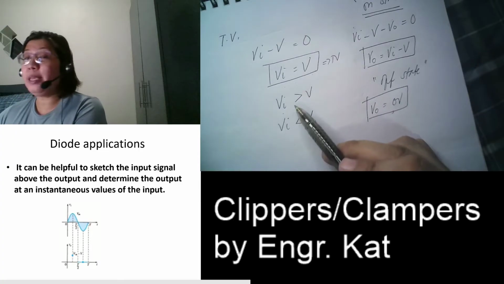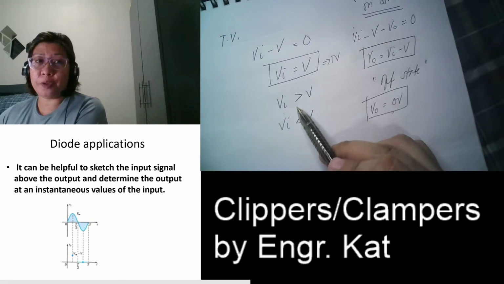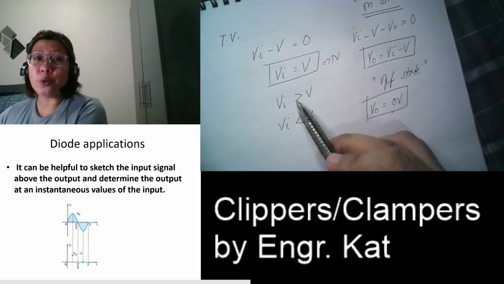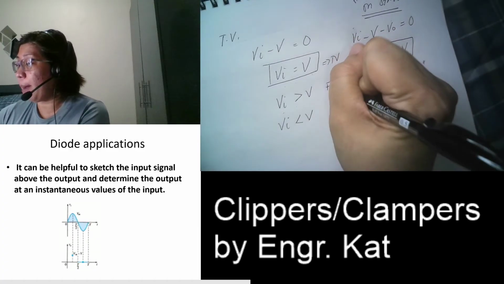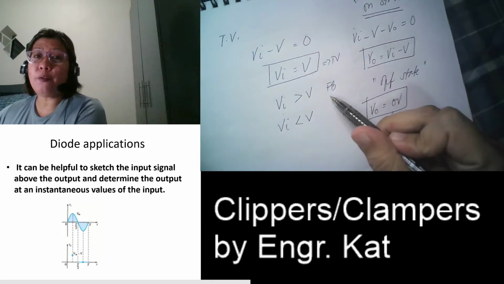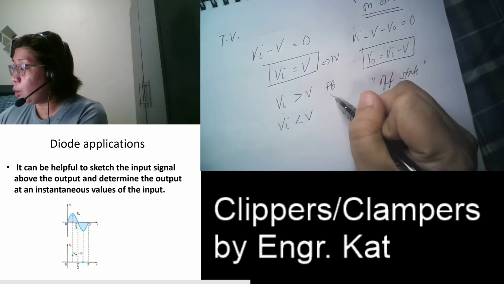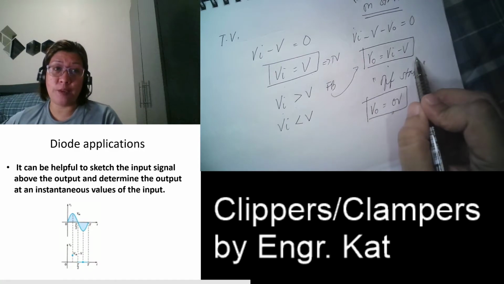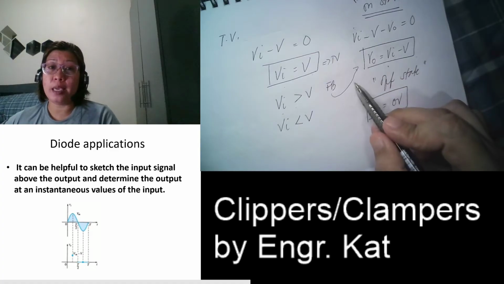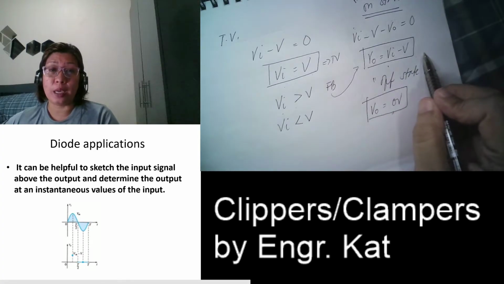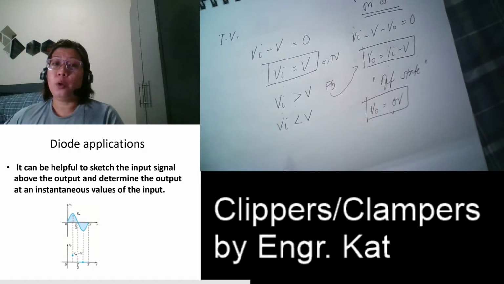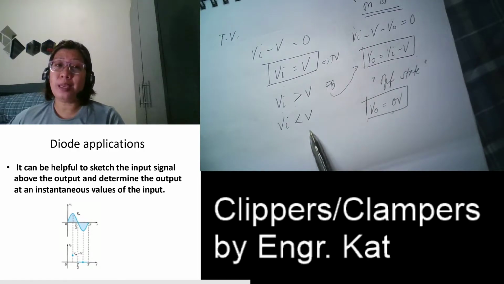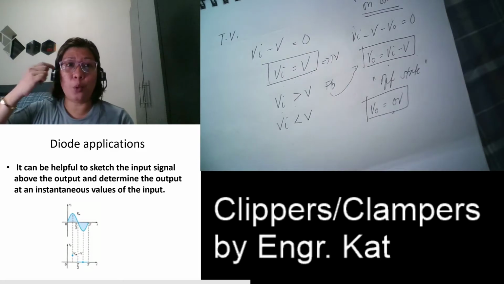When your VI is greater than V, that means your diode is in the forward biased mode. And if that is in the forward bias mode, our output will be equal to VI minus V, since VI is greater than your V. Now, what if your VI is less than V?